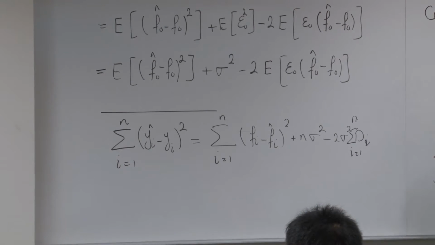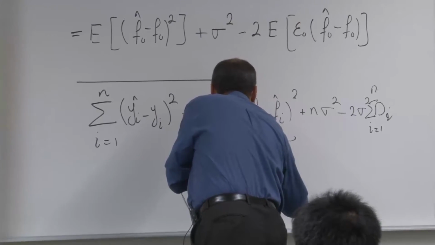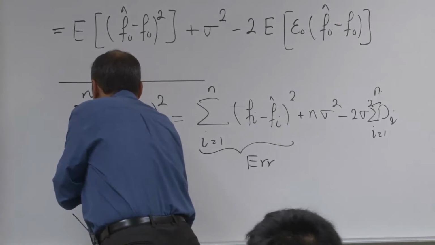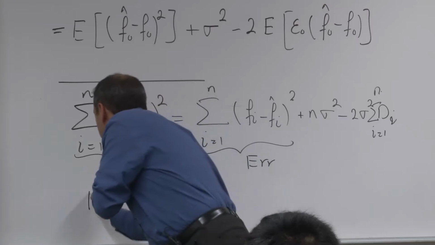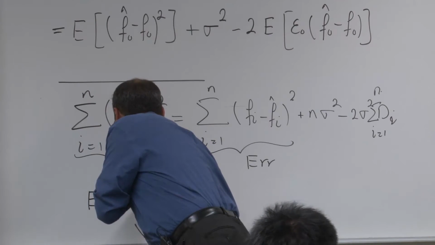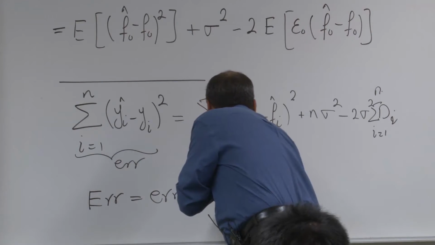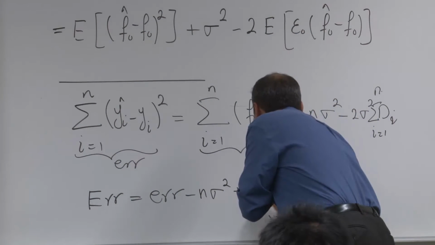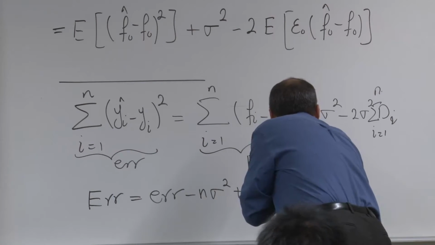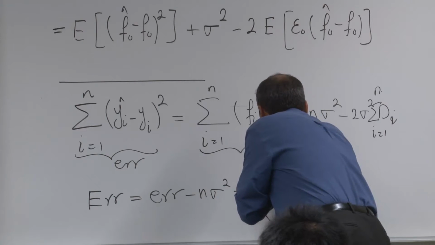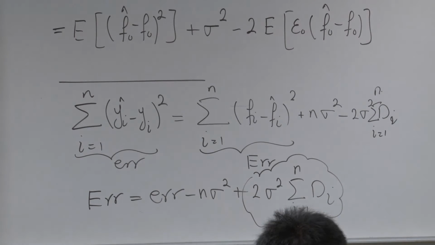Okay? So this is the error that I care about. This is my empirical error computed based on my training set. So the true error is this error minus a constant plus this term. And this term has to do with the complexity of the model.